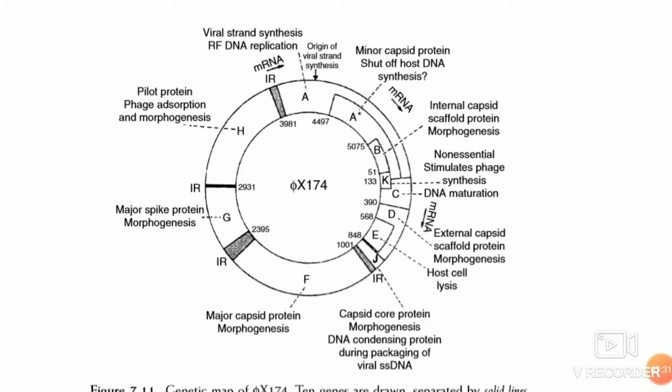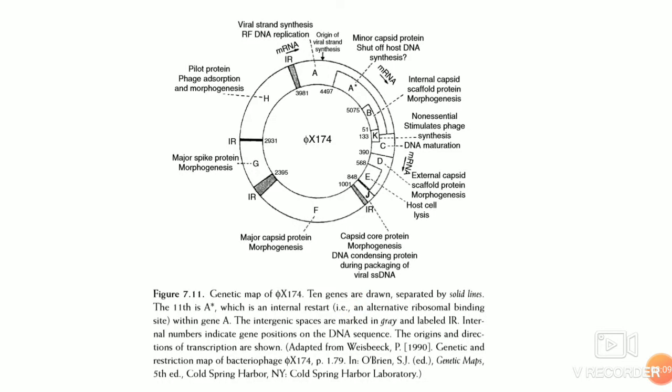The J gene is very important; it codes for the capsid core protein that helps in DNA condensation during packaging of the viral single-stranded DNA. The F gene codes for the major capsid protein, the G gene codes for the spike protein, and the H gene coding region is very important for phage adsorption, that is, attachment and viral entry into the cell.